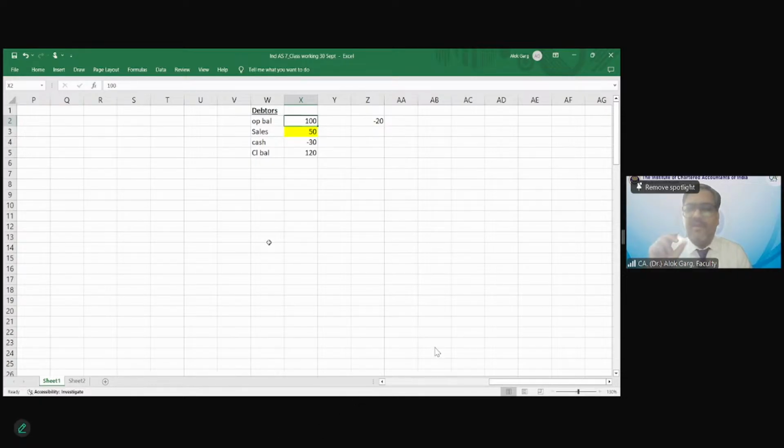So the closing balance is 120 rupees. My opening balance of debtor was 100, and the closing balance is 120. It means I haven't received any amount out of last year's sales, and I have also not received 20 rupees out of the current year. That is why the debtor balance has increased, otherwise it would not have increased. Correct?